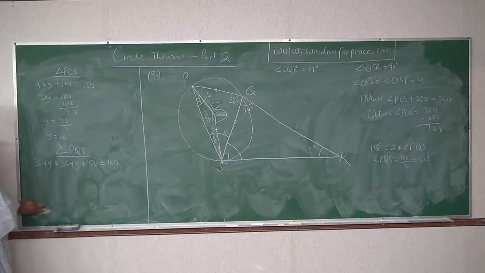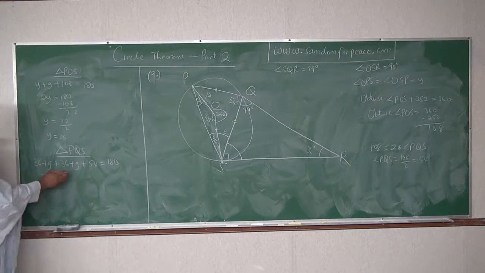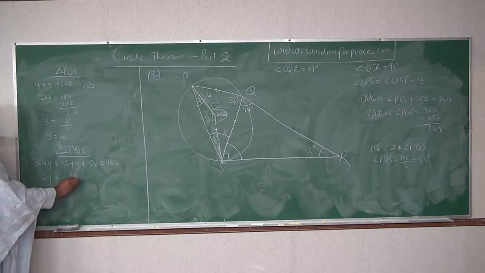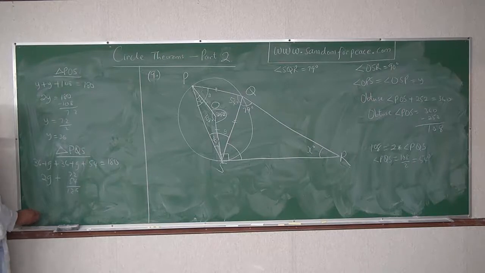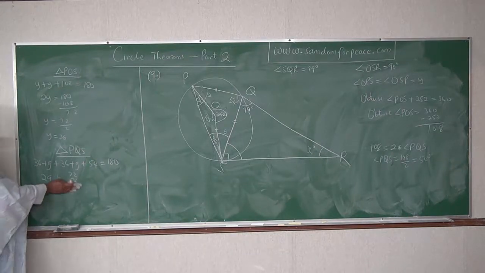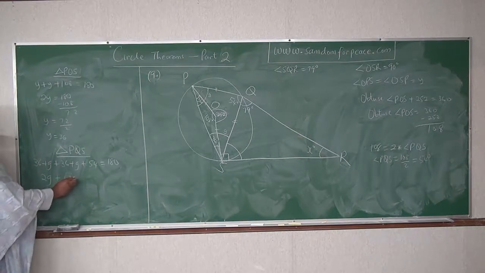So 2G plus 72 plus 54, which is 126, is equal to 180.